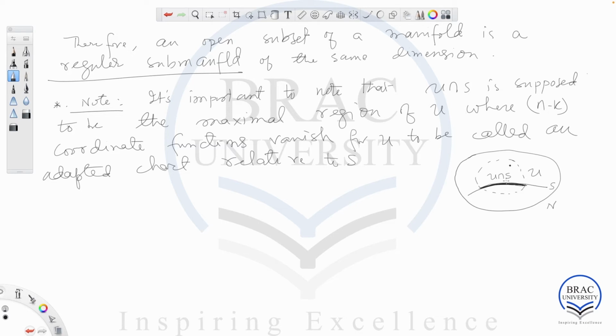So this fact can be written like this. The inverse image under phi of this subset. How do I write?